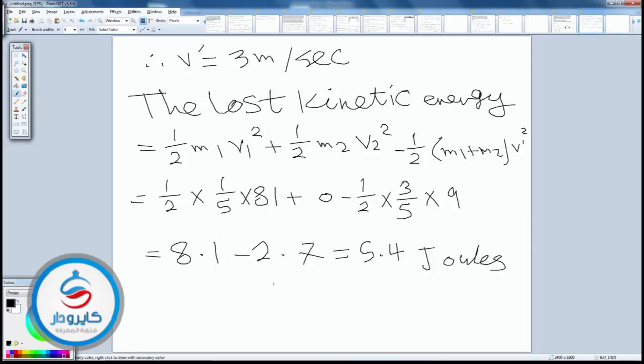This is the lost kinetic energy, equal to 5.4 joules.